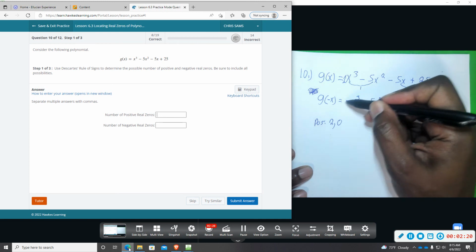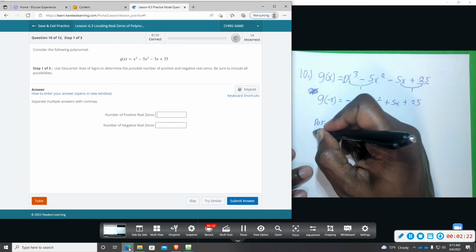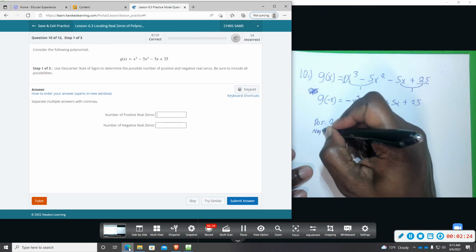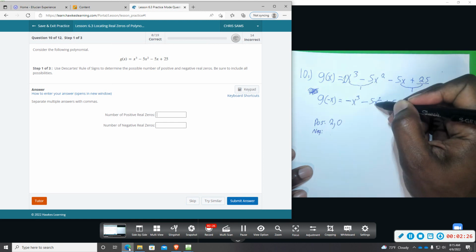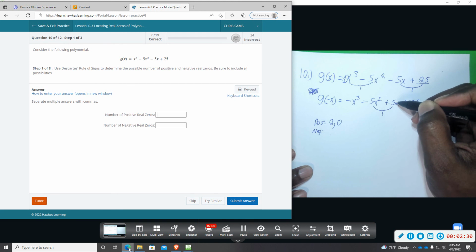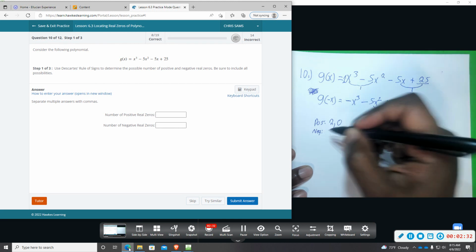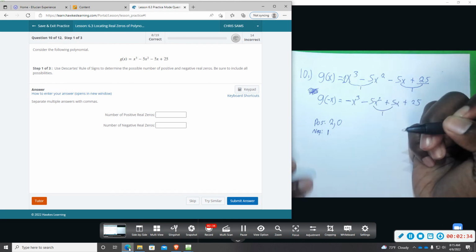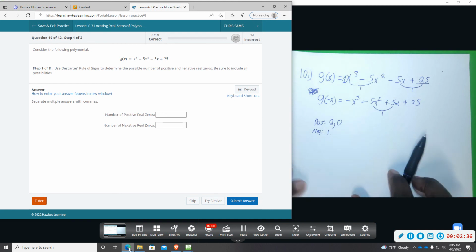And then the number of sign changes for the negative one. It's negative, it stays negative, and then it goes to positive. So there's 1 sign change here, and then it's positive, it stays positive. So there's only 1 sign change. So for positive we have 2 or 0, and on the negative we have 1 sign change.